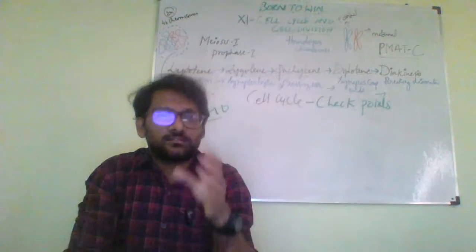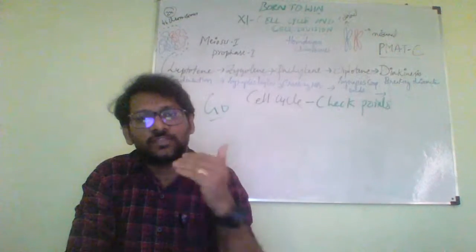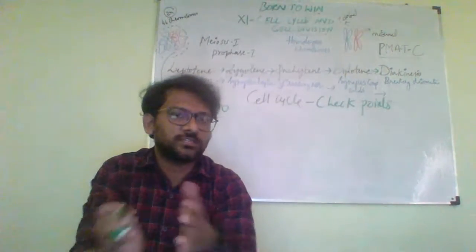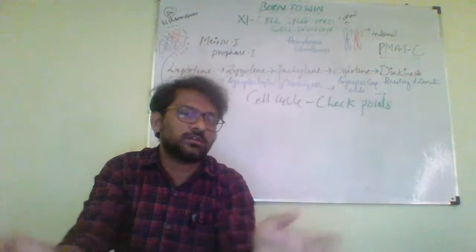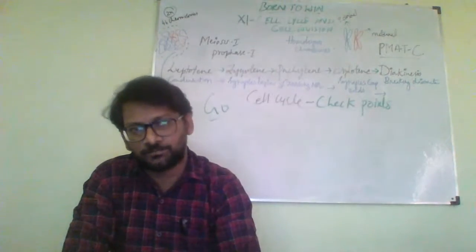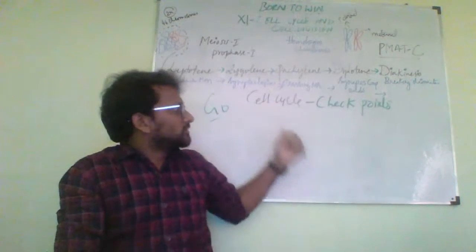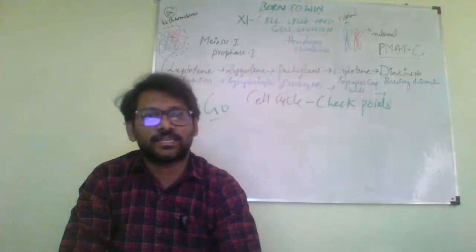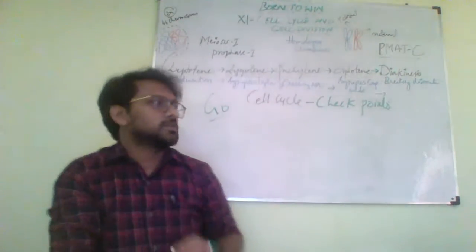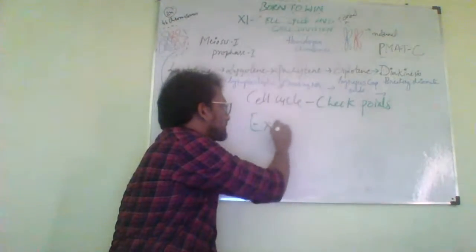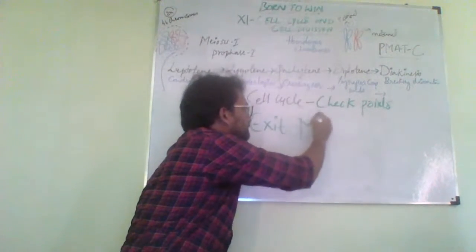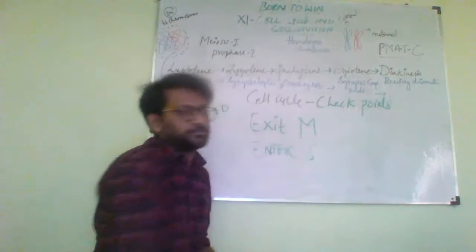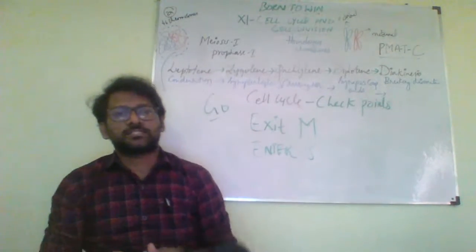The neuron would be static, where it fails to enter the next phases, so that the neuron cannot be replaced, or once it is damaged, it's damaged. So why? Because of the cell cycle checkpoints. Here we have certain checkpoints like exit M and enter S checkpoints.